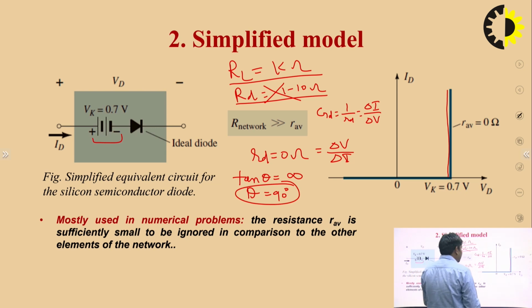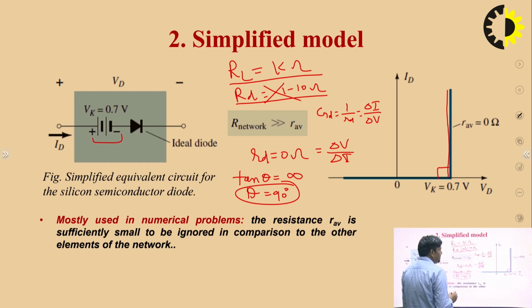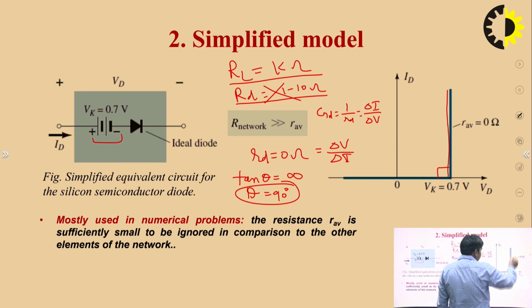That means no slope is here because the resistance is absent. So ideally we see that this is 90 degrees.